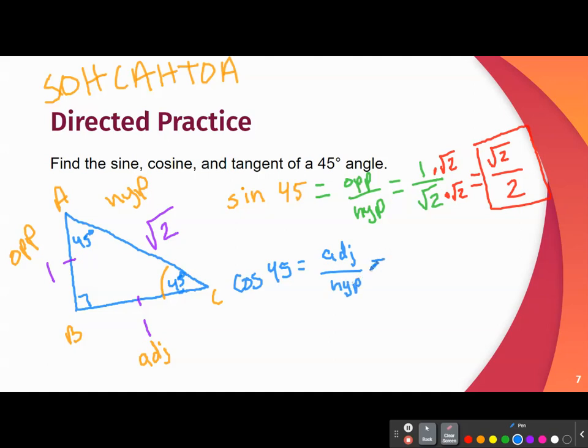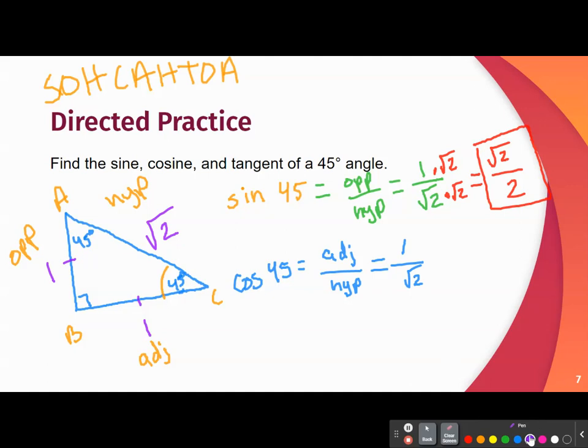And Pruitt, what would be my adjacent over hypotenuse as a fraction? 1 square root 2 over square root 2. Okay. What would it be before I simplified it? Well, it's just adjacent over hypotenuse. What's your adjacent side? 1 over your hypotenuse. What's your hypotenuse? Okay, so it'd just be 1 over the square root of 2.